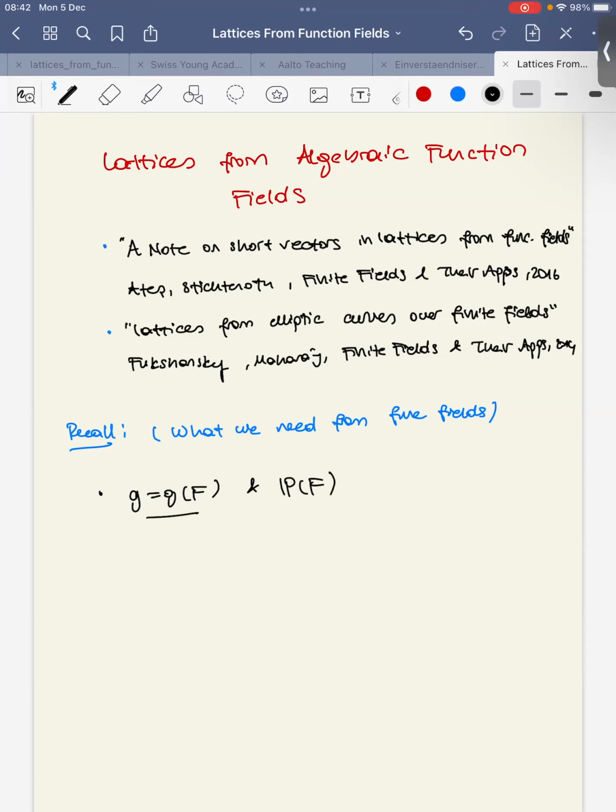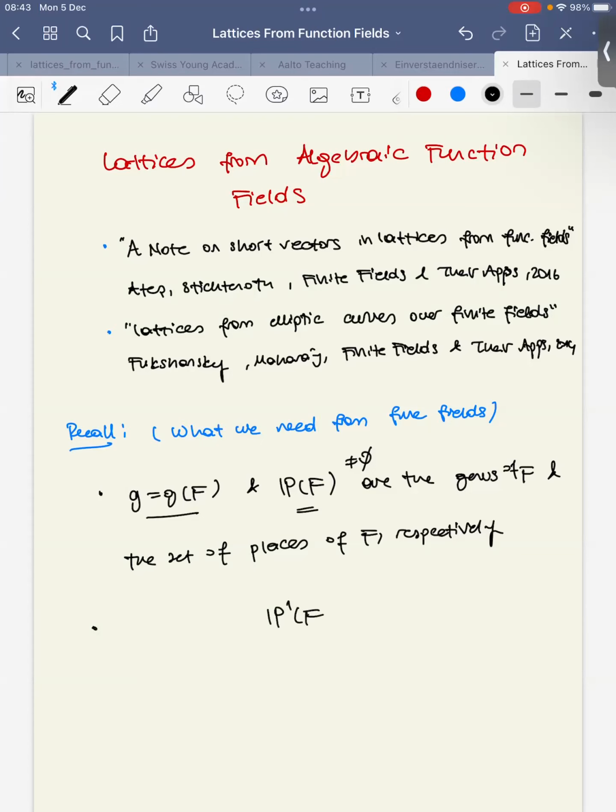The first fundamental notion we studied was the places, and the set of places was denoted by P of F. And indeed, we have shown that this is a non-empty set. But even though the set of places is non-empty, during the lecture I mentioned that the set of rational places might be empty.